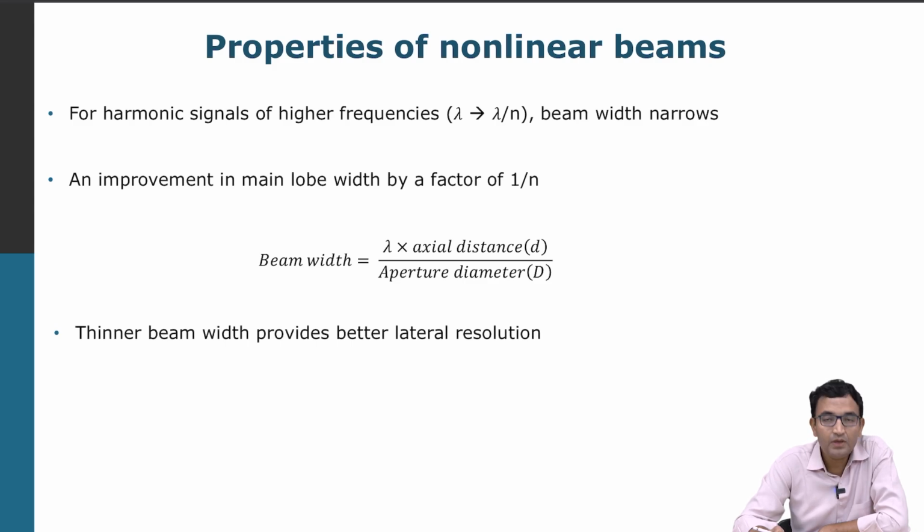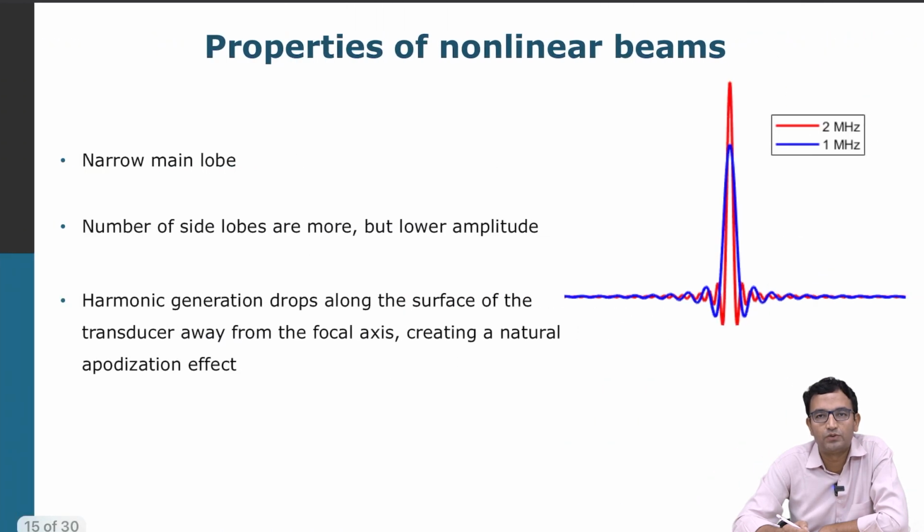As the beam becomes narrower, the main lobe width reduces, and because of which, if you do imaging, you can get better resolution. More on that later, but here's the formula for beam width. If you remember, this is a simplified formula, lambda times axial distance by aperture diameter. This is just after the Fresnel region. So reduced lambda is going to give you narrower beam width. Like I said, if you have a narrower beam, you will get better lateral resolution.